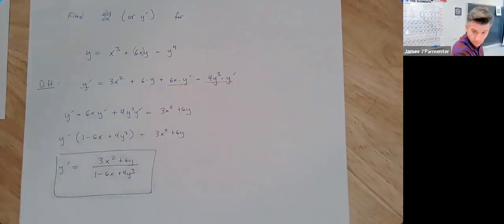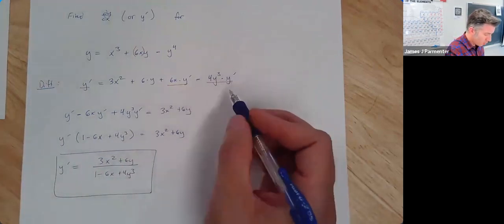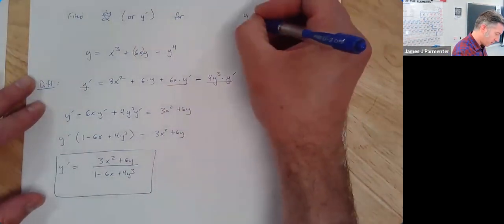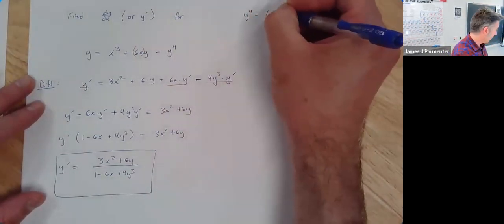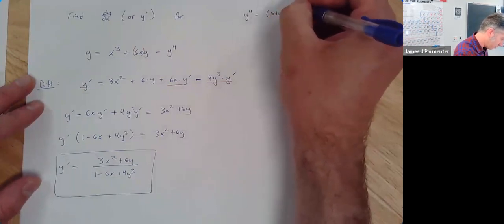Question about why we have prime in front of 4y cubed. Well, you mean not in front of, but over here, you mean? Yeah. Well, because what I'm really doing is y to the 4th. Y to the 4th is really a function of x, or some stuff to the 4th.